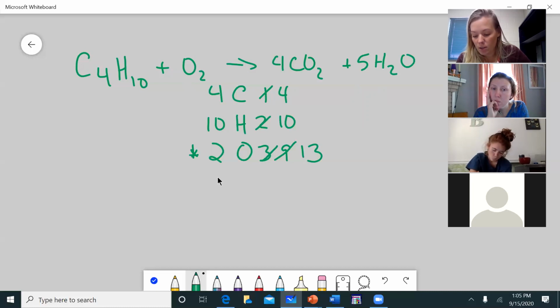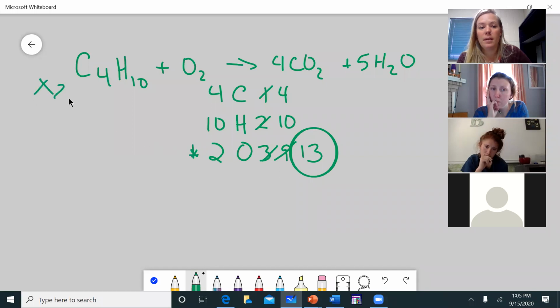The easiest thing to do is you multiply everything by 2. So I'm going to multiply each coefficient by 2. And then I'm going to take whatever I need here and stick it in front of the oxygen. All right, so we're going to multiply this by 2.